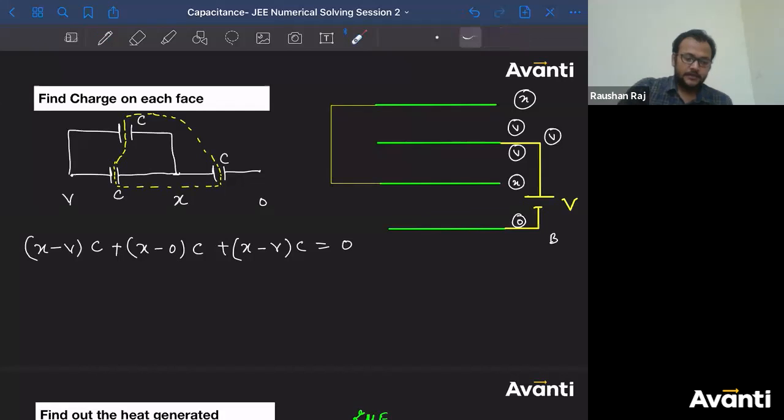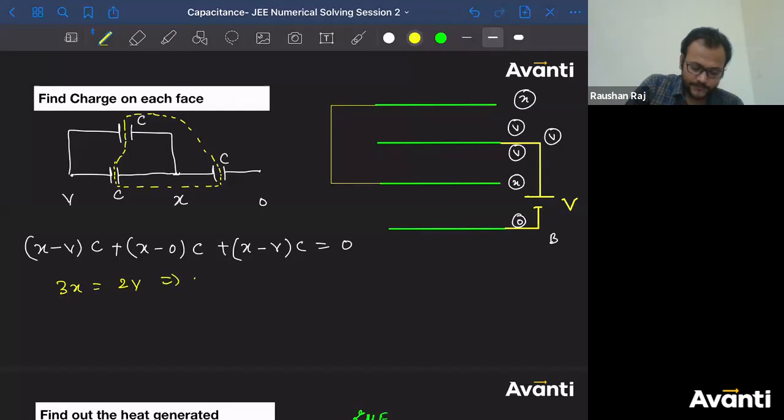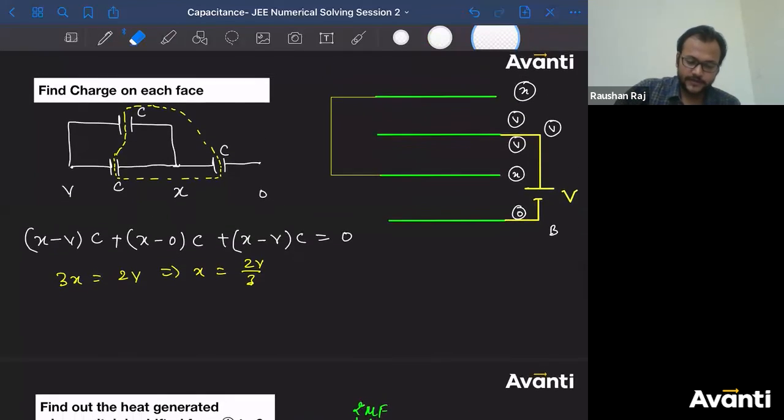So charge on this is x minus v into c. Charge on this is what? Again, x minus v into c. Charge on this plate is x minus 0 into c. Calculate karo. So 3x is equal to 2v. So x is equal to 2v by 3. All right.